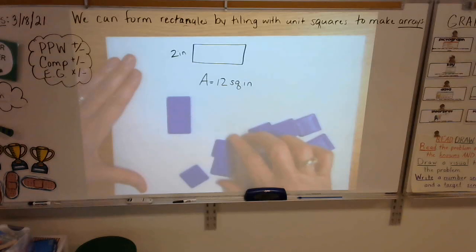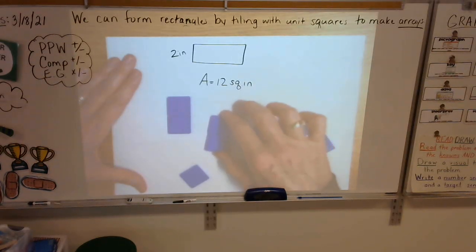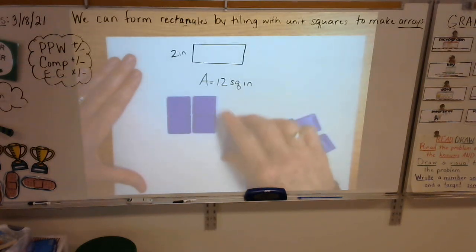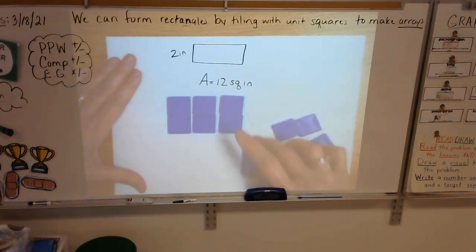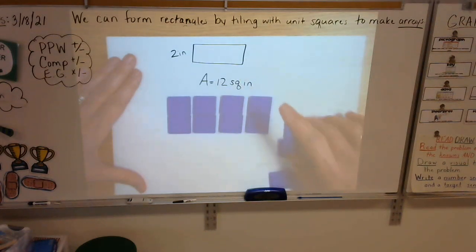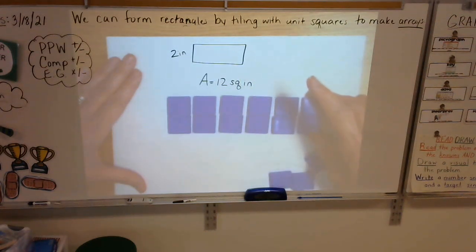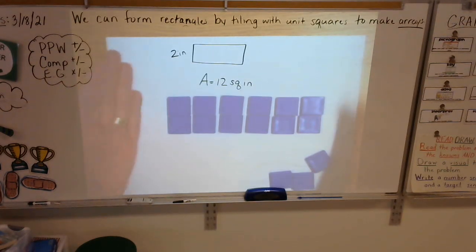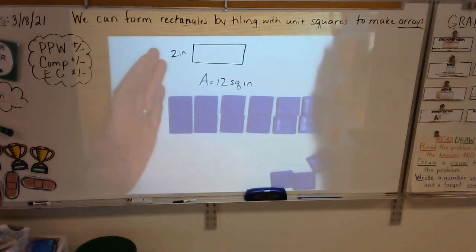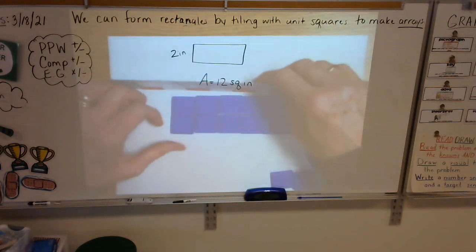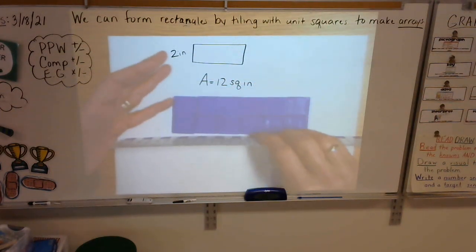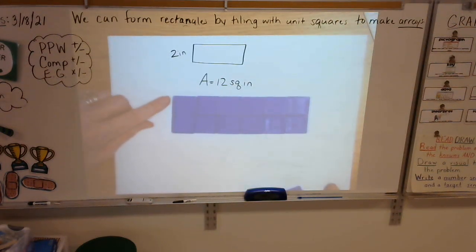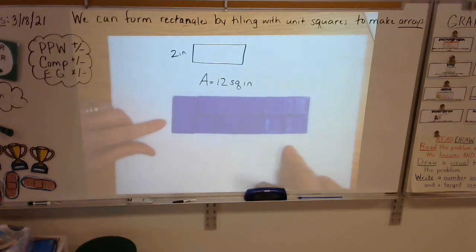So we can do 2, 4, 6, 8, 10, 12. So I counted by 2, 6 times until I got to 12. And now I'm going to put all those together because I don't want any gaps in my rectangle. All right, and now I have tiled a rectangle with one side that is 2 inches and an area of 12 square inches.